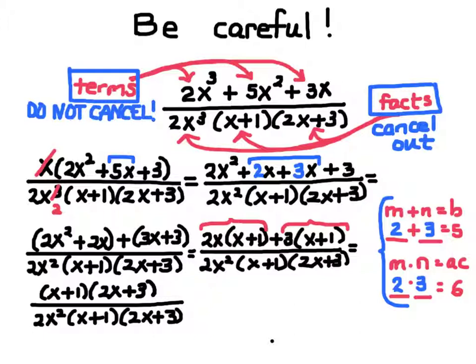And so we're going to cancel out the x plus 1 in the numerator with the x plus 1 in the denominator, the 2x plus 3 in the numerator with the 2x plus 3 in the denominator. And what we get for an answer here is 1 over 2x squared. Let's box our answer. And there we have it.